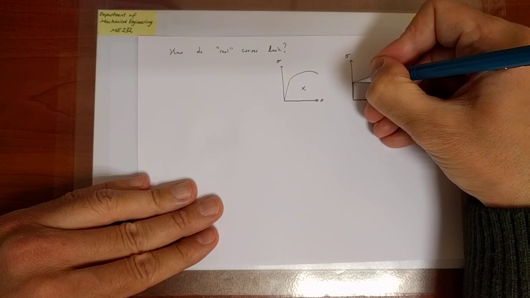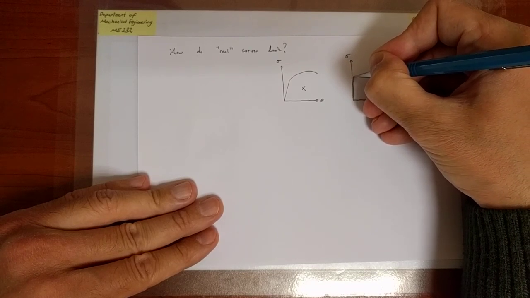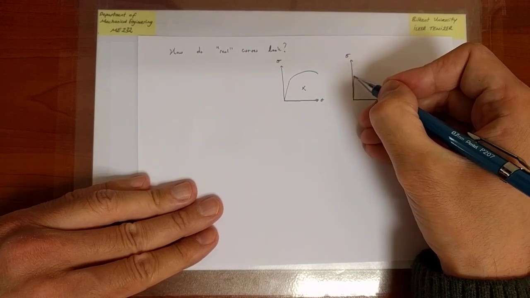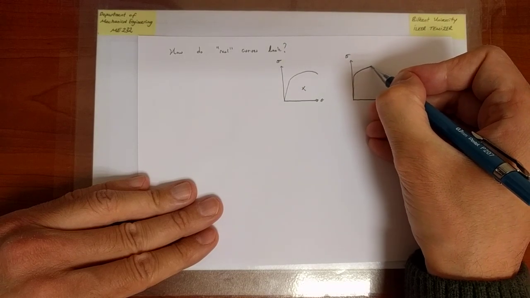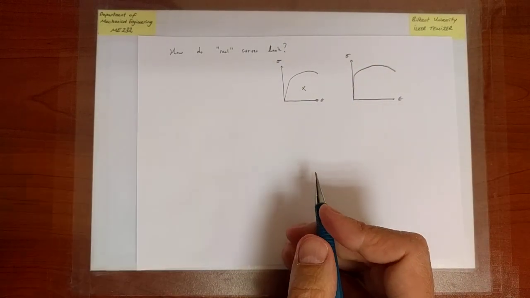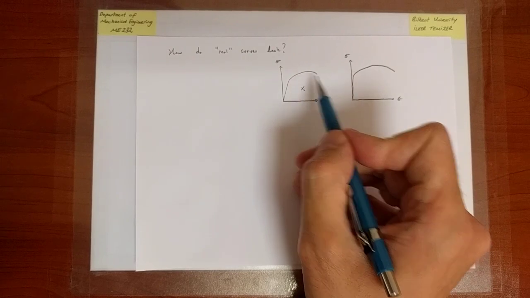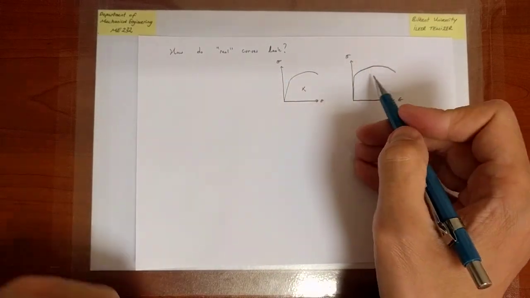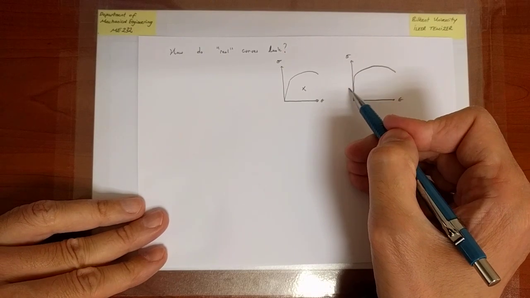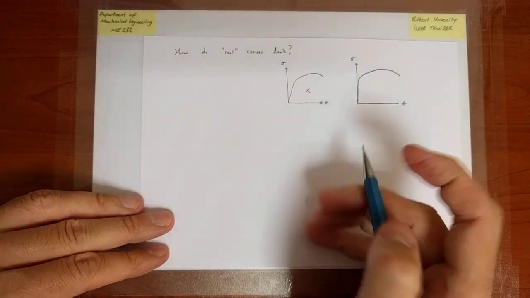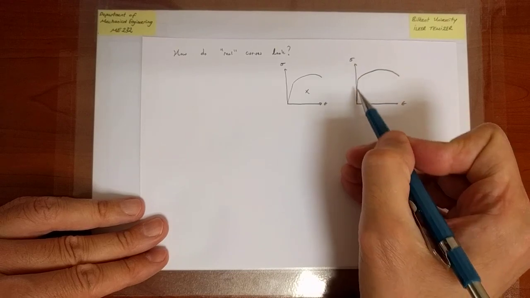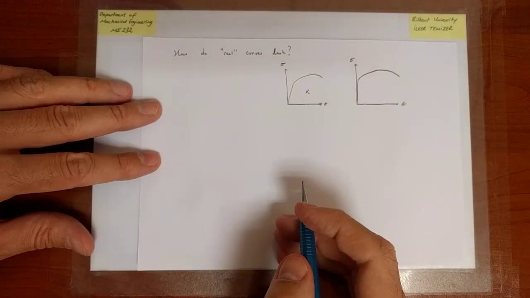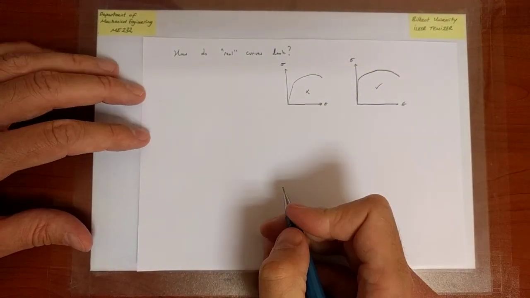So this perhaps is not a good enough depiction of reality, but really I should be drawing the stress-strain curve like this, where the plastic portion is always very easily identifiable, but the elastic portion is so steep that you can barely distinguish it from the vertical axis. So this is closer to reality.